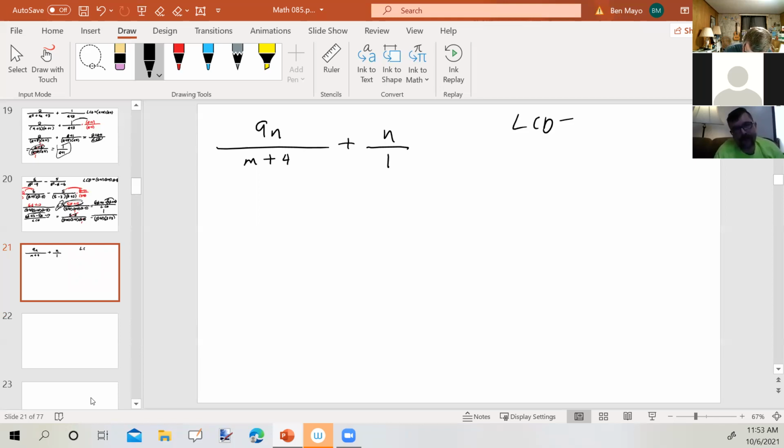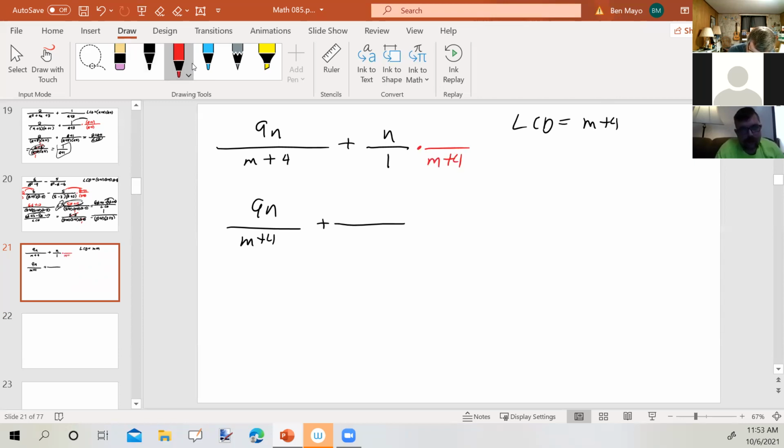So the least common denominator is m plus 4. So this doesn't change. The second one gets multiplied by m plus 4 in the denominator and m plus 4 in the numerator. So we've got m plus 4 in the denominator and mn plus 4n in the numerator.